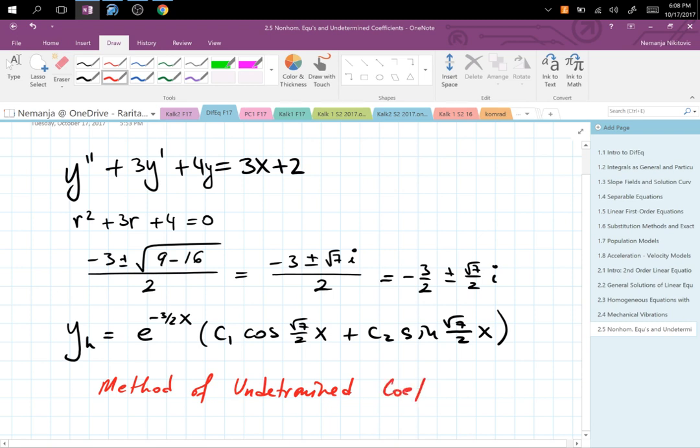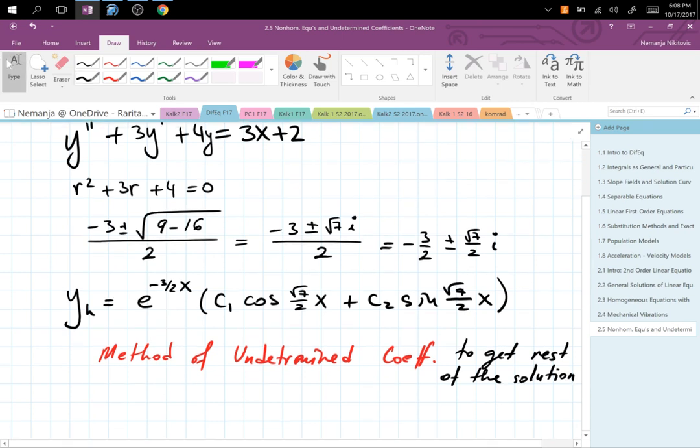That part we call the particular part of the solution, and that will be added to yh, and together they create the general solution.